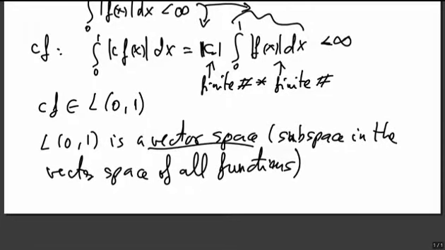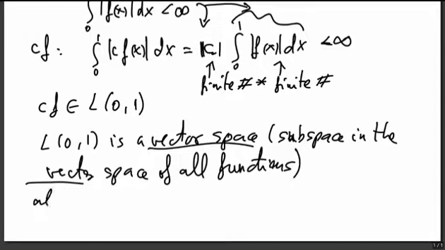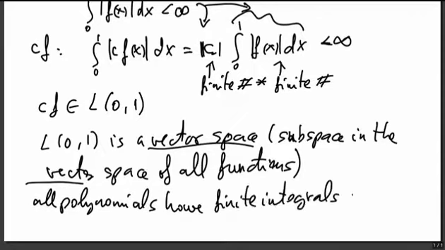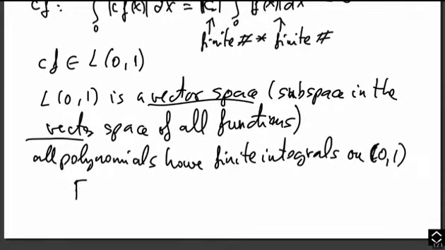Now from calculus 2, you should know that all polynomials have finite integrals on the interval 0, 1. So that means that the vector space of polynomials is actually a subspace of L0, 1.